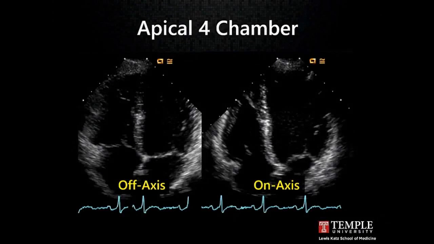These you may be more and more accustomed to, recognizing that your apical four-chamber might be off axis. The LV apex should underlie your ultrasound probe, and you can see in the image on the left, we're off axis. The RV apex is snuck in there above the LV apex, and it changes your view of the LV and the LV size. And so if we're going to make standardized comparisons between studies, we need to make sure that we stay on axis.